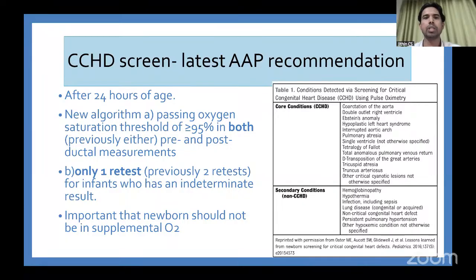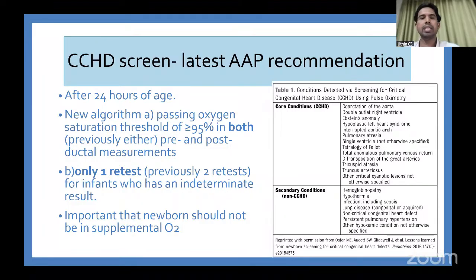There is a particular criteria for pass, indeterminate result, and failed test. Only one retest is nowadays done. Previously, it used to be 2 tests if it was an indeterminate result. The algorithm will be mentioned later.